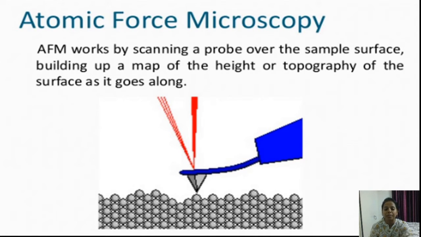There are several types of scanning probe microscopy, and today we'll study one of them, that is atomic force microscopy. First of all, let us see what atomic force microscopy is.